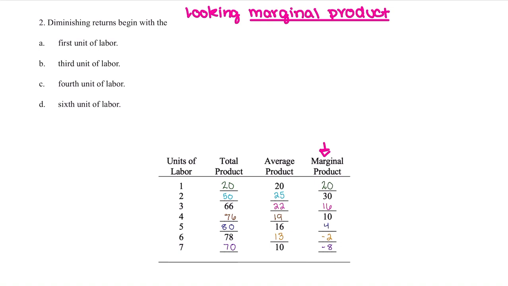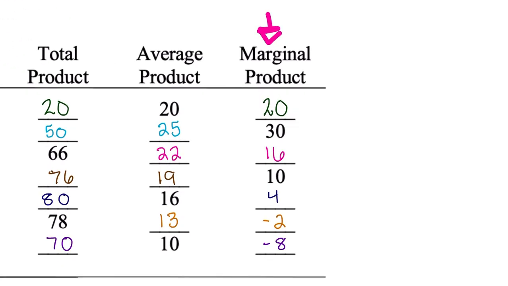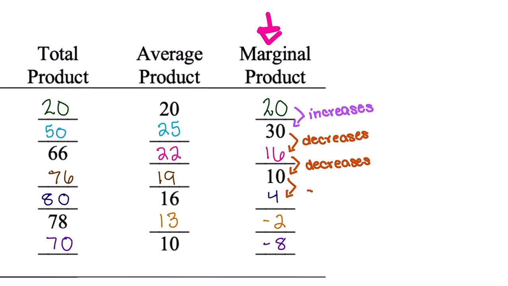And we are going to see, sorry about that, guys, from 20 to 30 increases. But then from 30 to 16, it decreases. From 16 to 10, it decreases. From 10 to 4, it decreases.